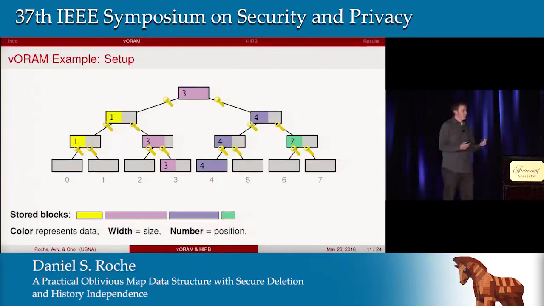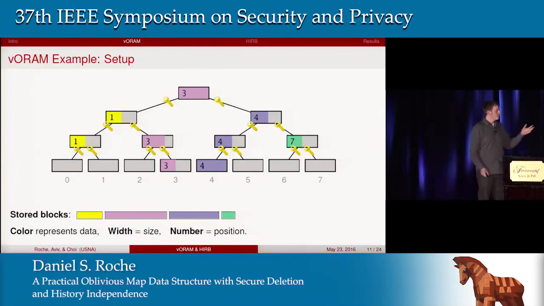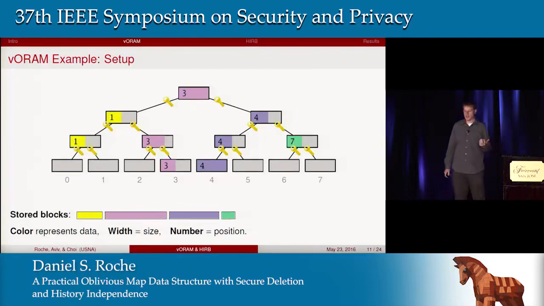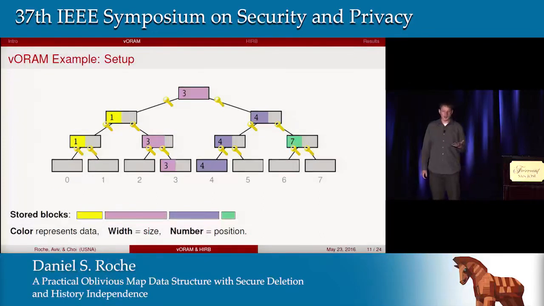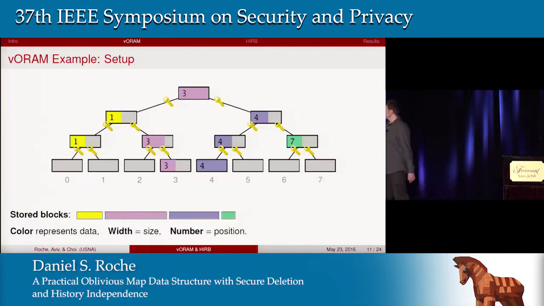And then the actual blocks that you're interacting with are these variable size color blocks at the bottom. The server is just storing these fixed size buckets, but within those buckets are variable size blocks. And you can see that the larger ones, like the blue block, is broken up into 3 different parts, which we call chunks.